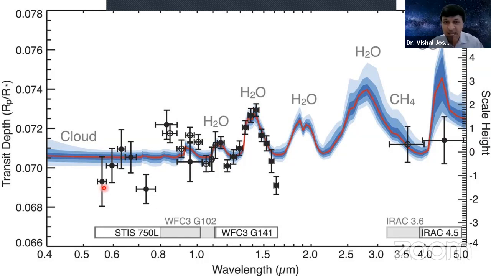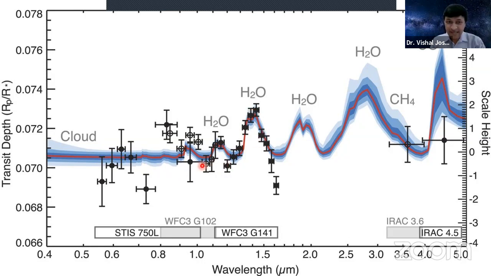The black dots are the actual observed spectra, whereas these red and blue lines are the model spectra fitted to this observed spectrum. And there you can say that the atmosphere of this particular planet contains H2O, most likely in vapor phase.